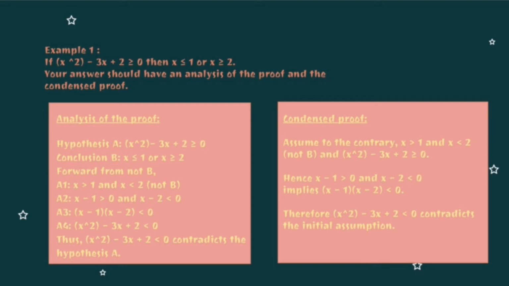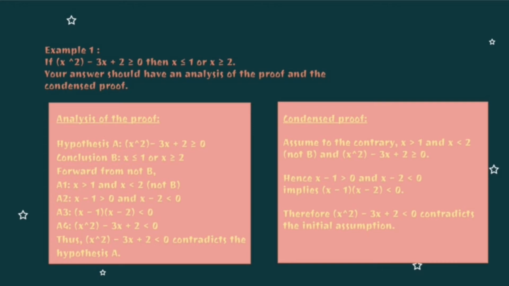After that we're going to combine those two. We're going to get x minus 1 times x minus 2 less than 0. And the fourth step, we will get x squared minus 3x plus 2 less than 0. Thus, x squared minus 3x plus 2 less than 0 contradicts the hypothesis A.